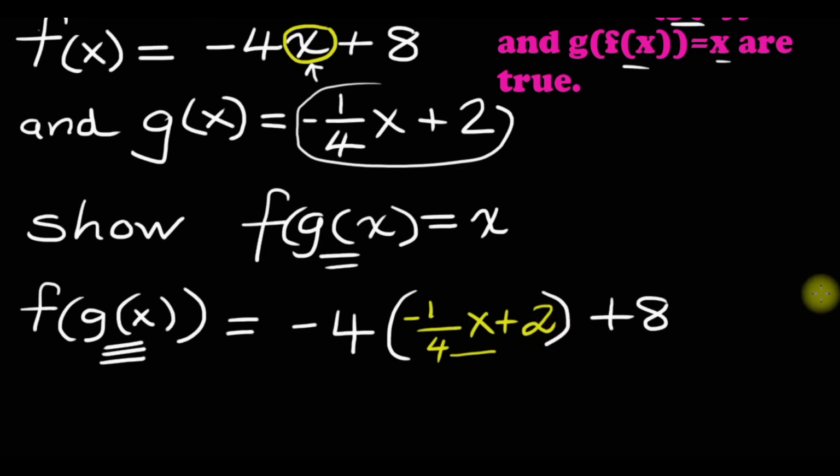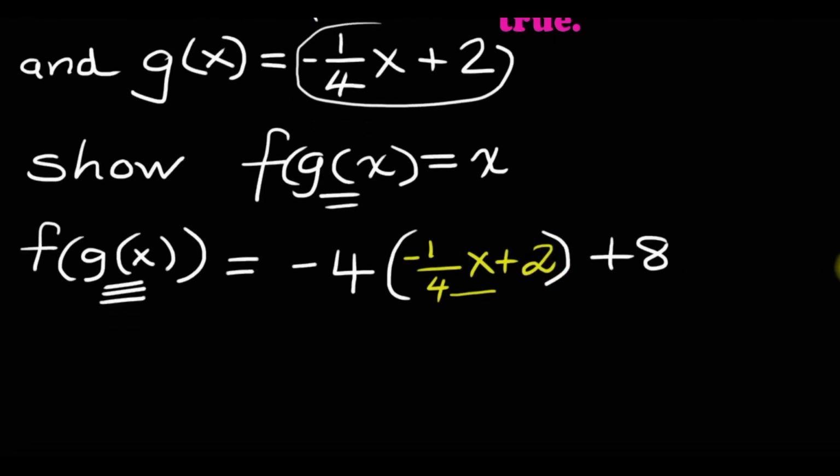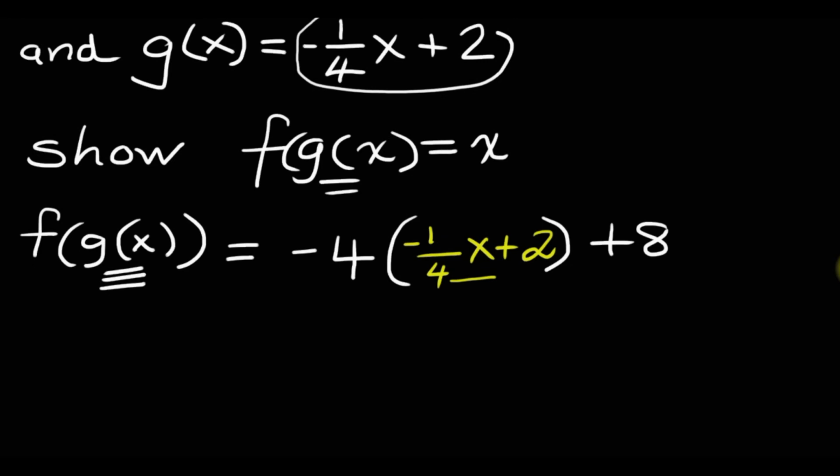So now I got to simplify. To simplify, I would have to distribute the -4 inside to get rid of that parenthesis. Negative times negative is positive, so here it's going to be +4/4, which is going to be 1x, and 1x is the same as x.